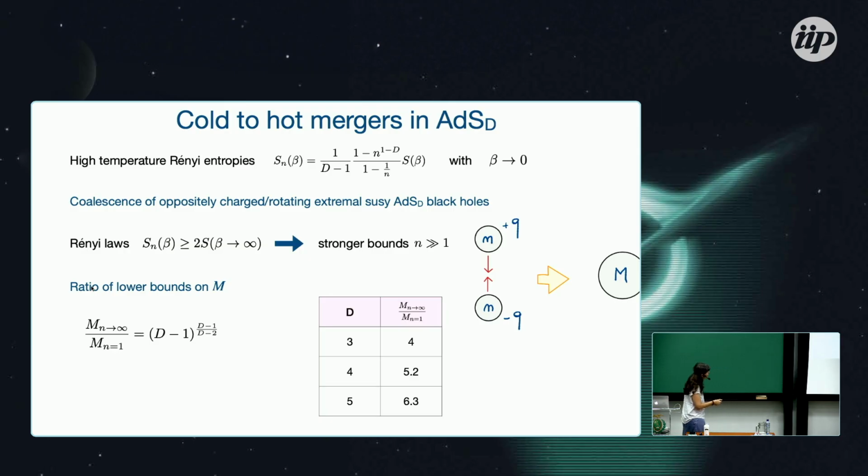Just rerunning the bounds, one sees that the strongest bound comes from the highest value of the Renyi index n that one can reach. Extrapolating this, just to give an estimate of the n to infinity limit, so the mean entropy, this is the ratio of the lower bounds that one obtains for the final mass m. And this evaluates to 4 in 3D, 5 and 6 in 4 and 5 dimensions, just to give you an idea.